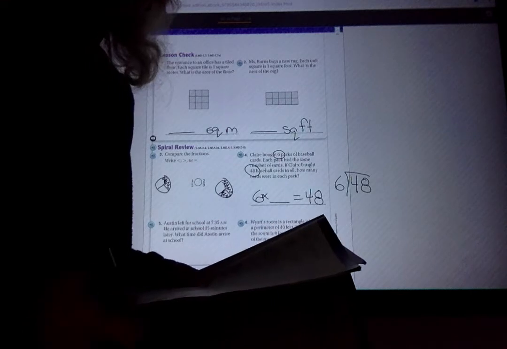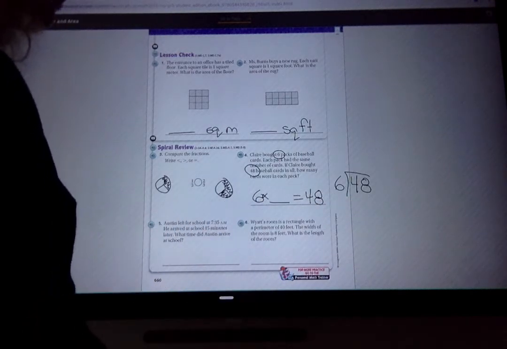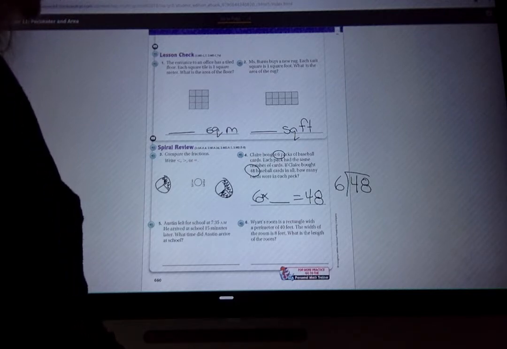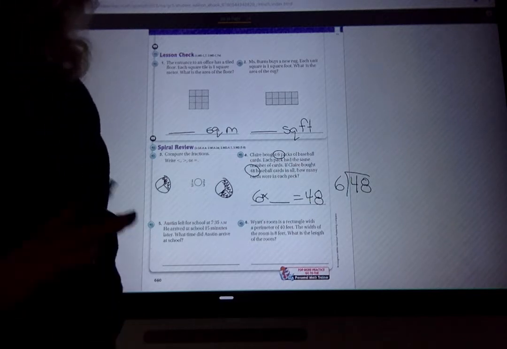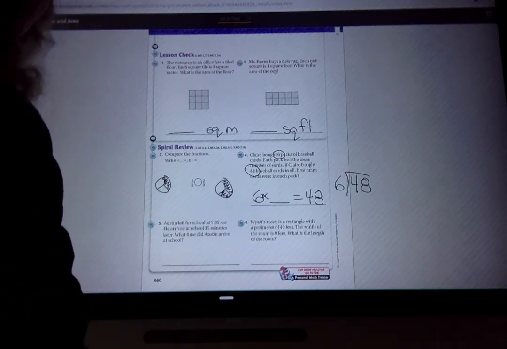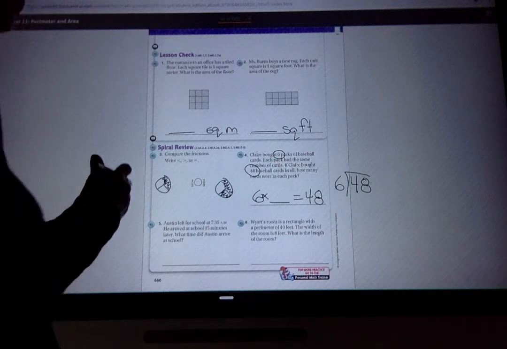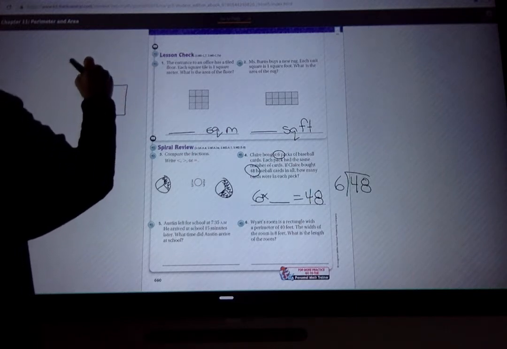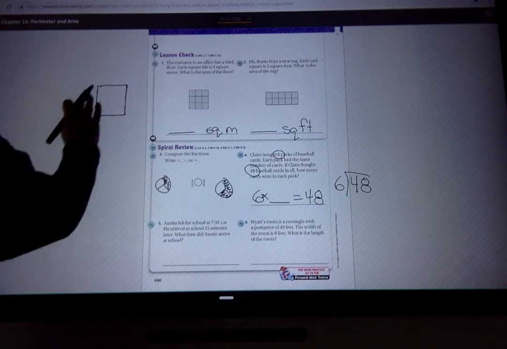Number 6. Wyatt's room is a rectangle with a perimeter of 40 feet. The width of the room is 8 feet. What is the length of the room? Now remember, we talked about perimeter way in the beginning of last week, and then we started talking about area. Perimeter is the measurement outside the figure, not what's inside.